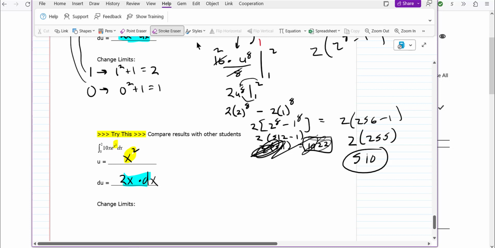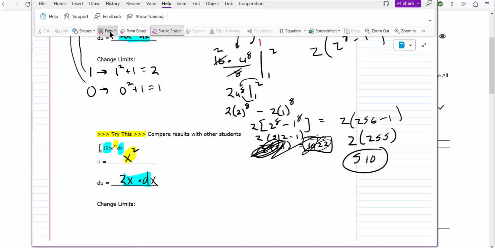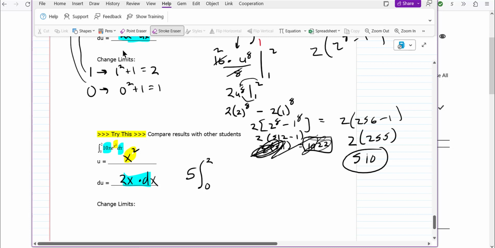So 2x dx, we ended up with 10x dx. So a simple way to handle this situation is really just change this original integral to 5 times, this is before I do the substitutions, and then change that 10x to 5 times 2x, e to the x squared dx. That way everything matches, see, okay?